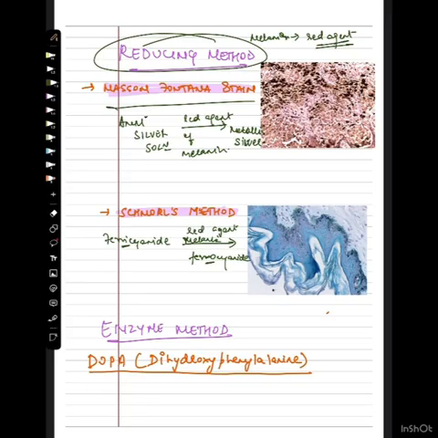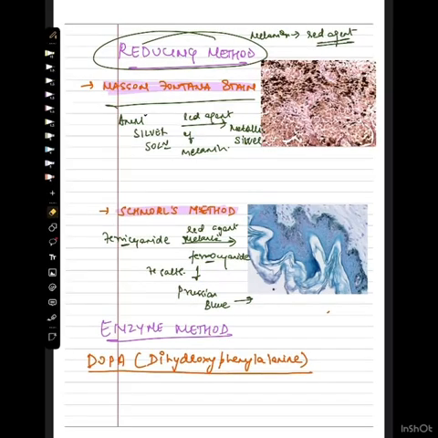And this then produces Prussian blue, as you can see here, in the presence of ferric salts. So this is the Schmorl's reaction or Schmorl's method.